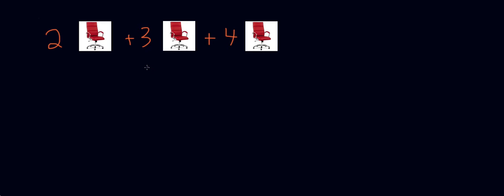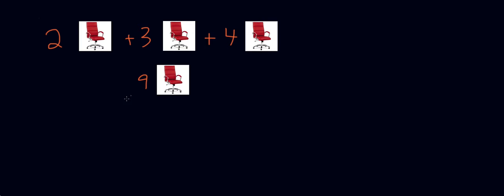So that is 9. So we're gonna have 9 office chairs, and what we can do is rewrite that as 9 and have a 9 and an office chair right next to it.